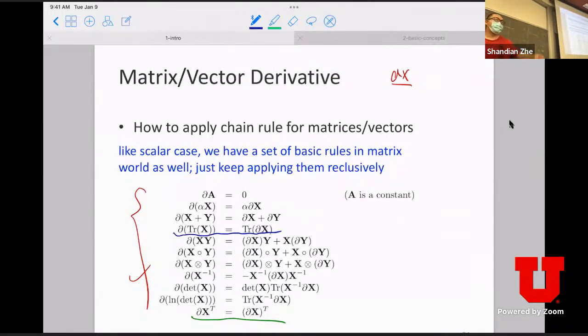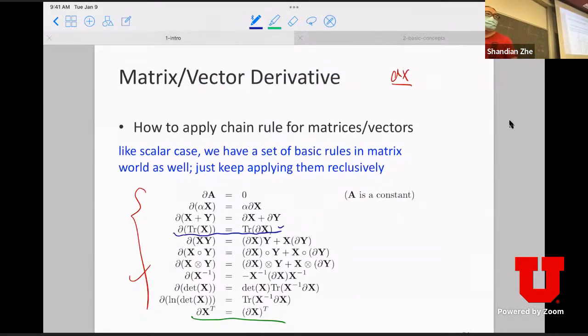Imagine that you have a big matrix, and your trace simply sums up the diagonal elements. Taking the derivative over the summation of diagonal elements is equivalent to taking the derivative over each matrix element, and then taking the trace. This is the same thing, so this is pretty intuitive. We can follow this basic rule.